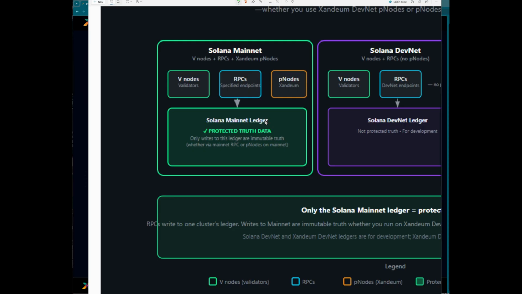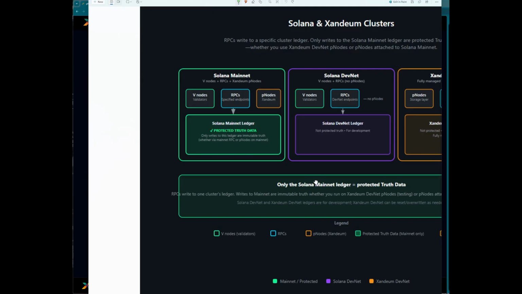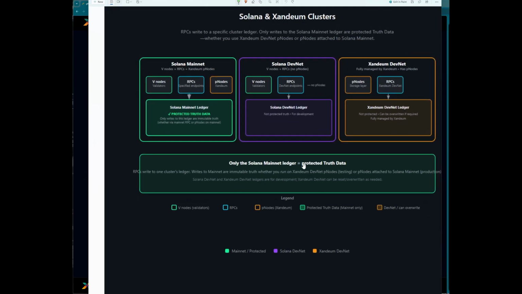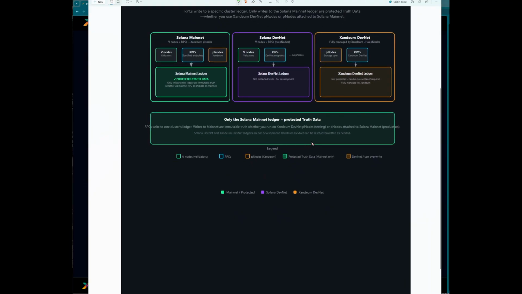So as we decide how we're writing our P-node portal, which we own, even though we're operating over here in Xandeum DevNet, our P-node portal is actually going to record to the Solana mainnet ledger.